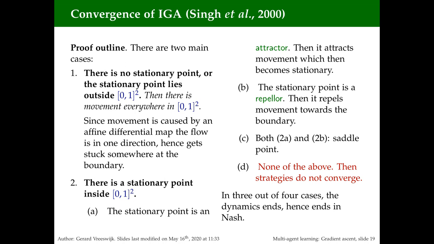The stationary point lies inside the unit square, and the eigenvalues are imaginary. So in most cases there is convergence, but in this case there is not. Now the idea of WoLF is to invent a solution to ensure convergence for this remainder case.